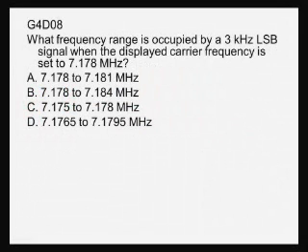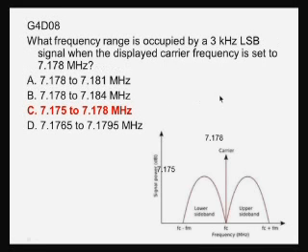What frequency range is occupied by a 3 kilohertz lower sideband signal when the displayed carrier frequency is 7.178 megahertz? So 7.178 is the carrier frequency, and we have 3 kilohertz lower sideband, and that's going to give us a bandwidth of from 7.175 to 7.178.